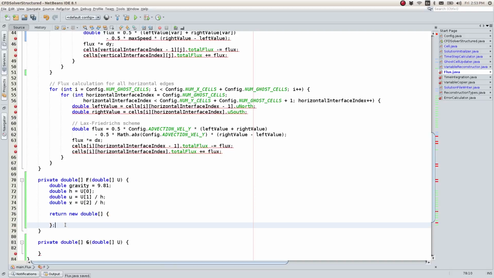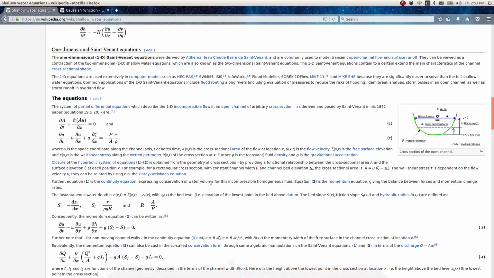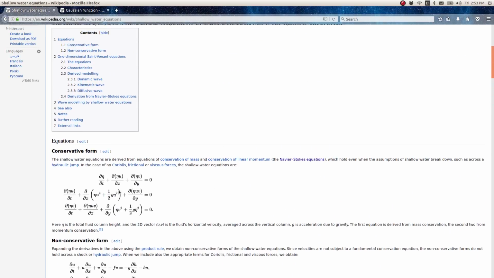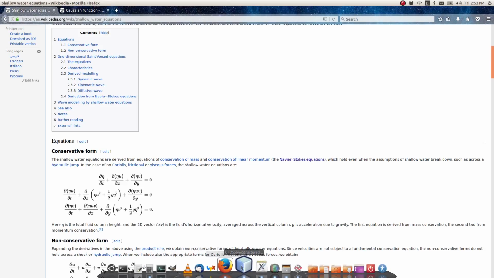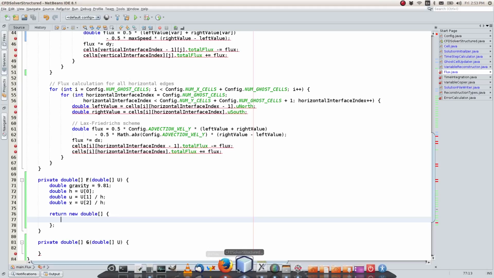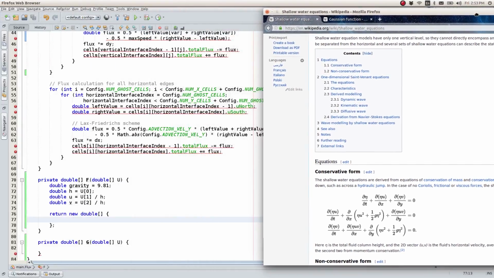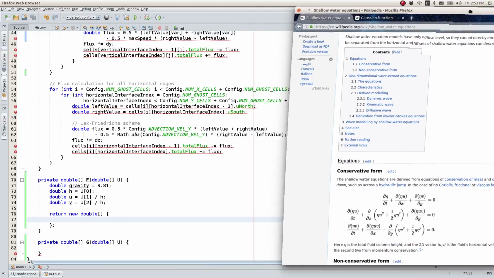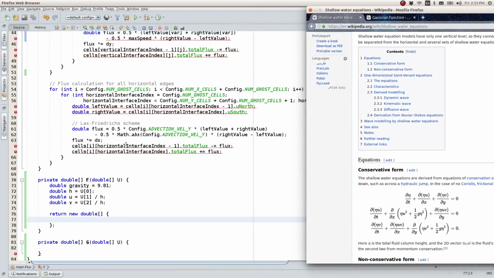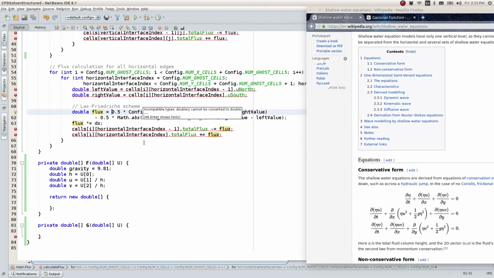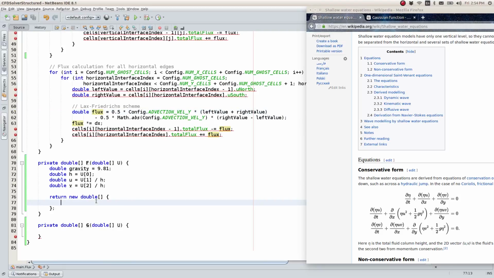Okay, so what are these values going to be? It's going to be hu. The first is h times u.